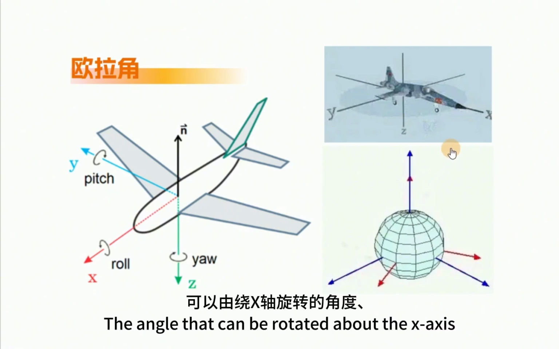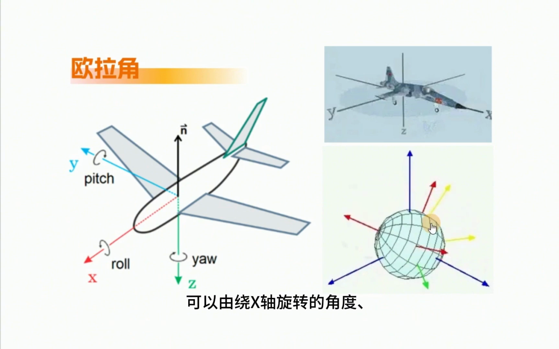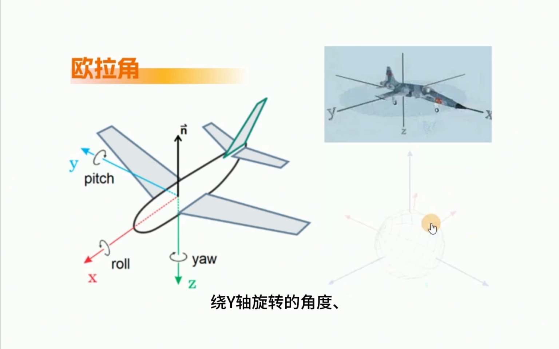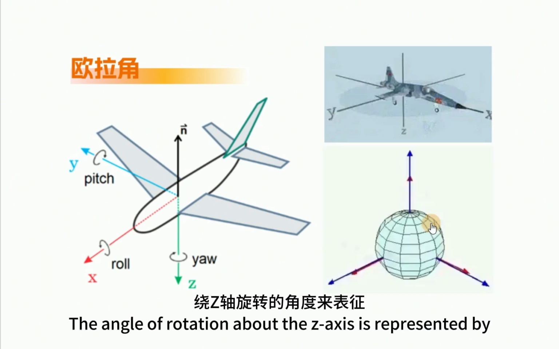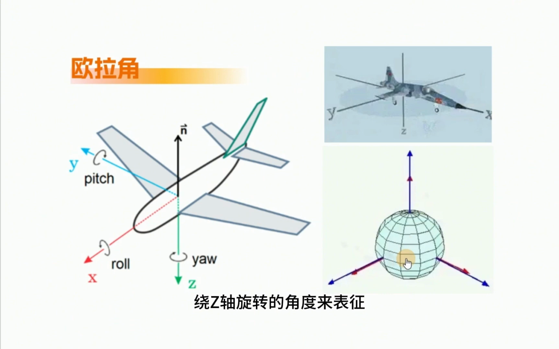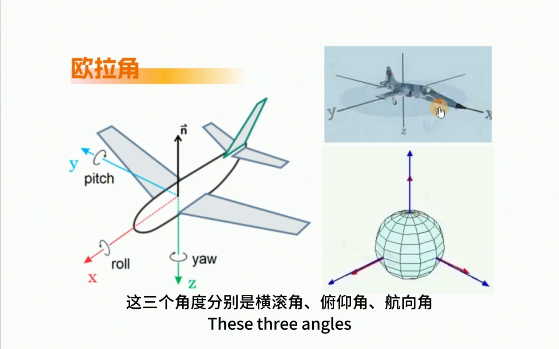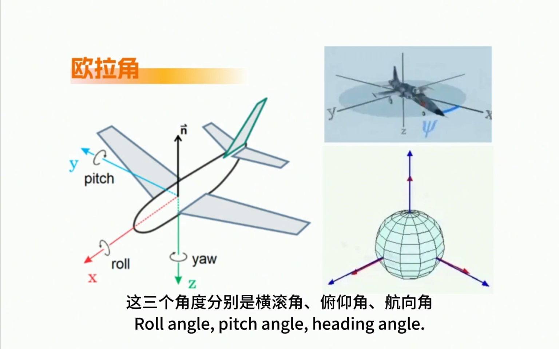can be decomposed into the angle of rotation about the x-axis, the angle of rotation about the y-axis, and the angle of rotation about the z-axis, represented by these three angles: roll angle, pitch angle, heading angle.